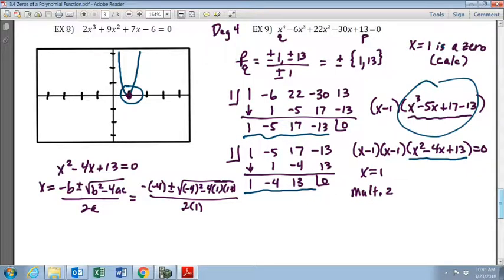So -4, that's going to be a positive 4, plus or minus, let's see, we're going to have 16 minus 4 times 13. I think 16 minus 52, you're going to end up with -36 there. And that's all over 2. So let's see, this will become 4 plus or minus.